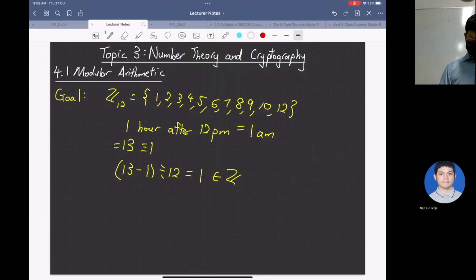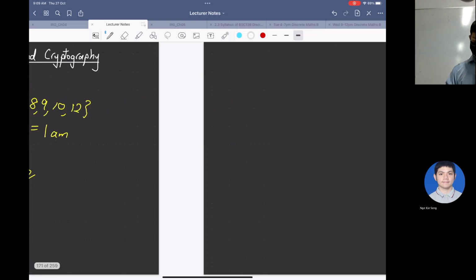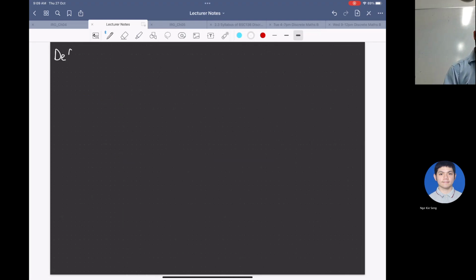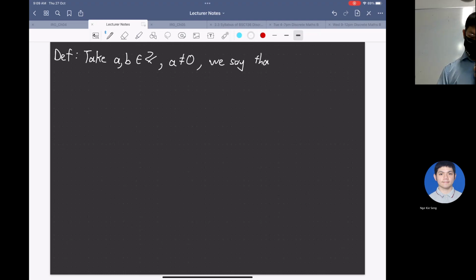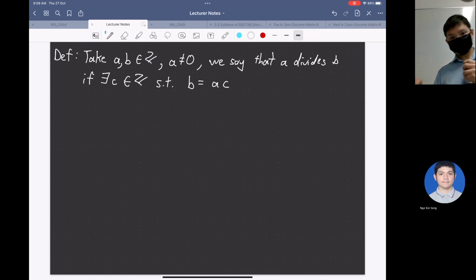So to talk about divisibility, we need to say what the definition of divisibility is. Take two numbers, two integers in particular. Suppose A is not 0. We will say that A divides B if there exists another number, C, which is an integer, such that B equals AC.